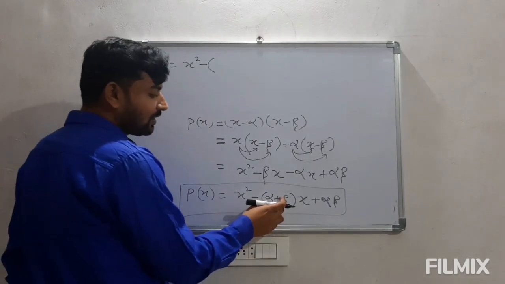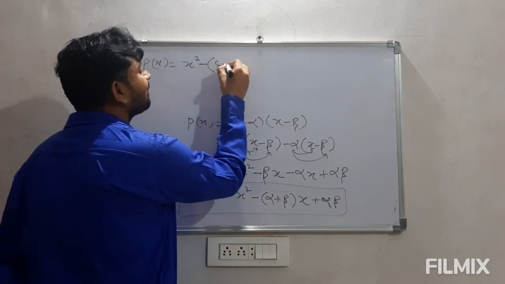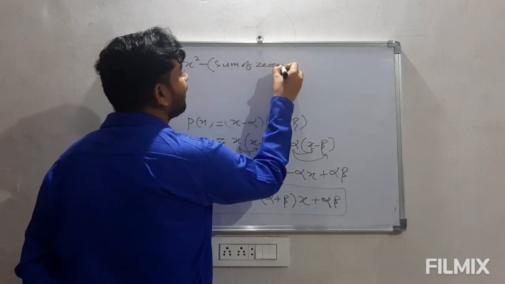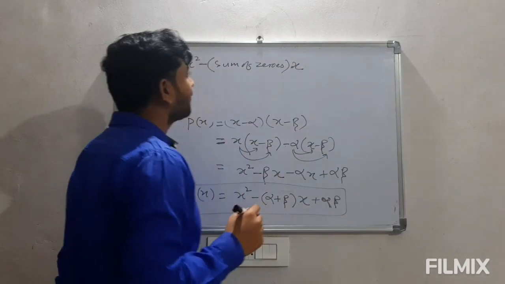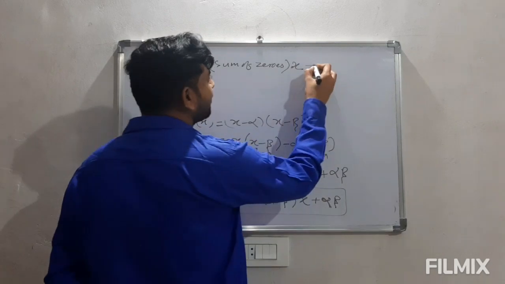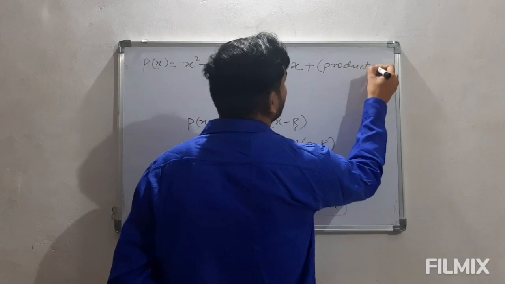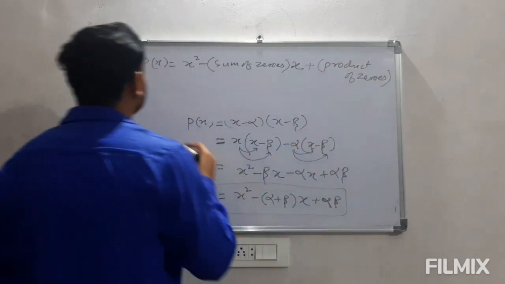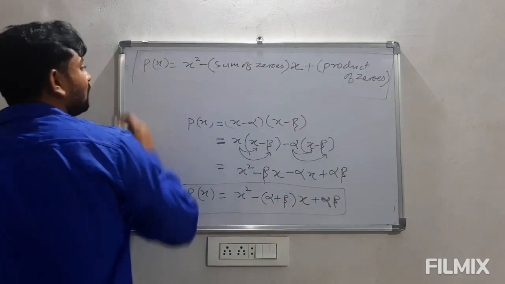Since we have assumed that alpha and beta are the roots, if we are adding them, it means it is sum of alpha and beta, means sum of zeros. अल्फा और बीटा हमने रूट माने थे, इसलिए अल्फा प्लस बीटा क्या होगा, सम ऑफ जीरोस into x outside of the bracket, then alpha beta will be product of zeros. Alpha beta will be product of zeros.